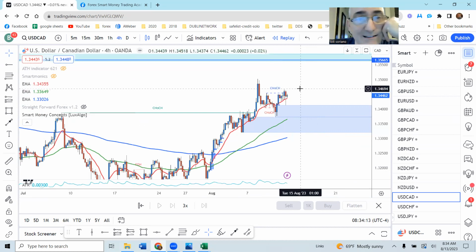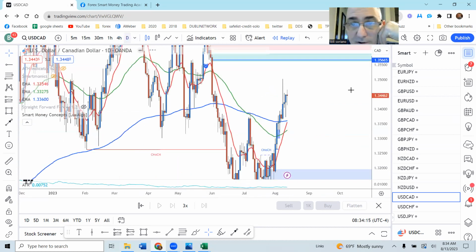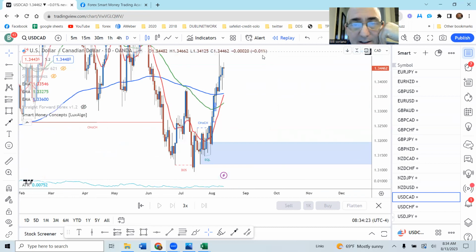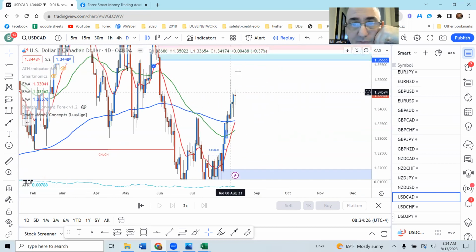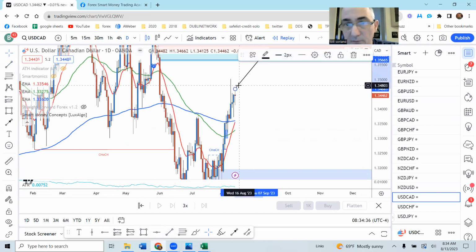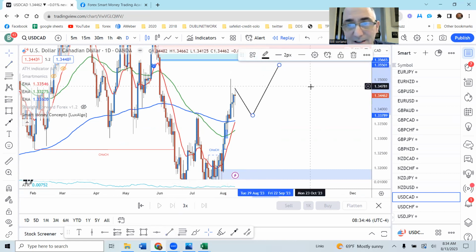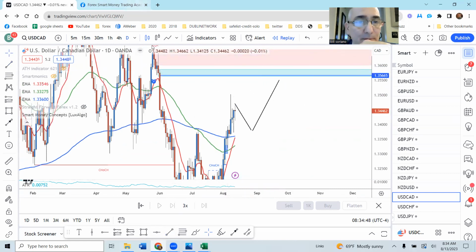However, once it does come up to there, if you look on the daily chart here, if you get a pullback and then price moves up to there, that could actually be giving us a trend change. Now, if it just shoots straight up, then I'd be looking to take it down, right? But if we get a pullback, and then we get that second break of structure to the upside, then I'm a little bit worried about this.